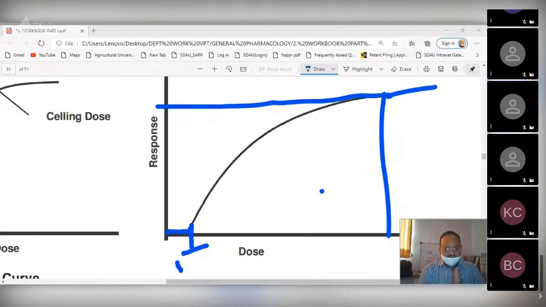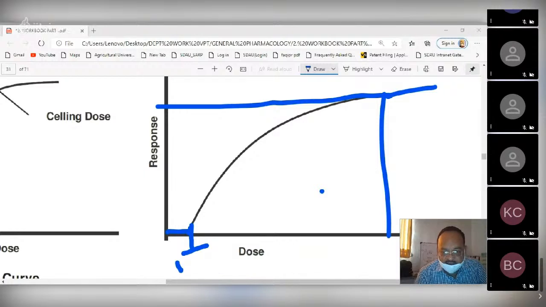If you slightly increase the dose, then again there will be no effect. When the amount of the dose reaches the threshold value, at that time you will be able to see the observable response, that is known as the threshold dose.